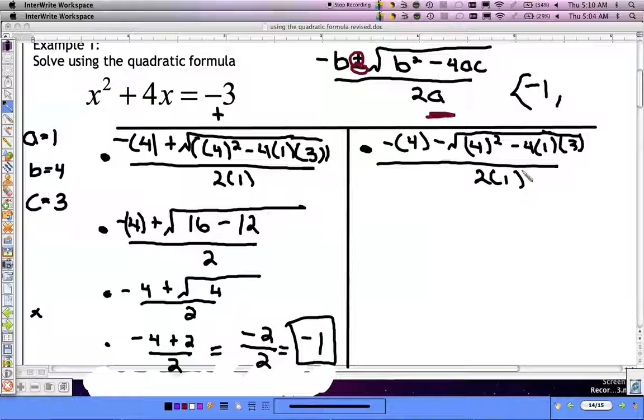And here's where doing all of your work in steps for the first part is going to save you some time. Whatever was under the radical is still going to be under the radical. The only thing that changes is this becomes minus.